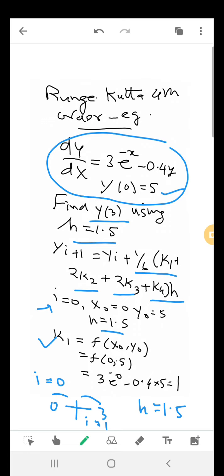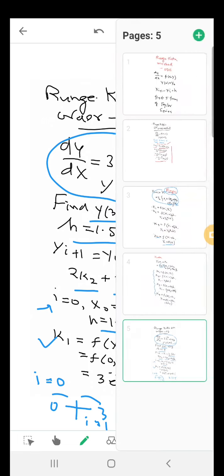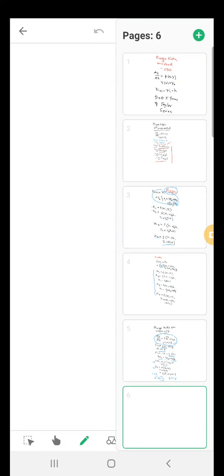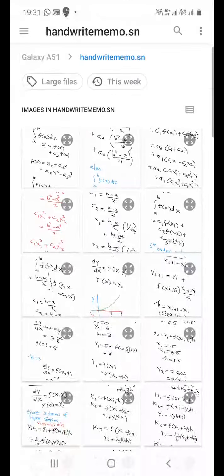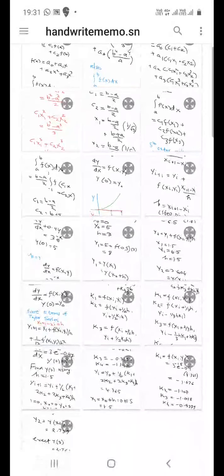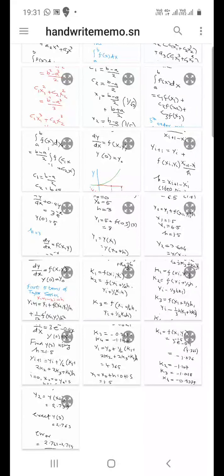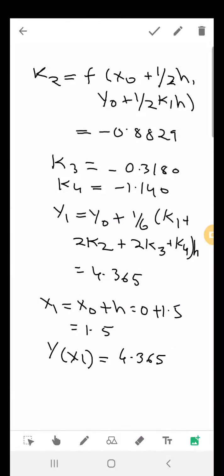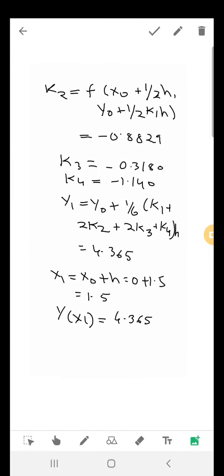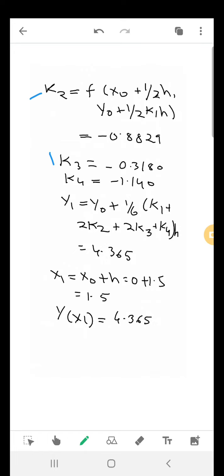The first coefficient is this, and using that value we also find the other coefficients. So you see k1 we obtained previously, so we have k2 here, k3 and k4. If we put them into the Runge's formula, we come up with this value 4.365.